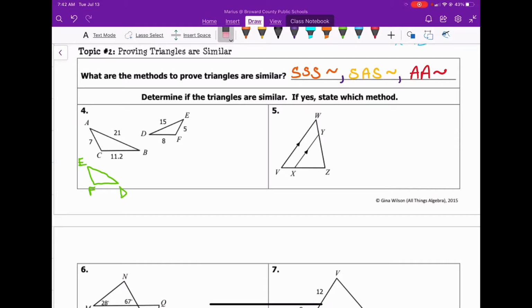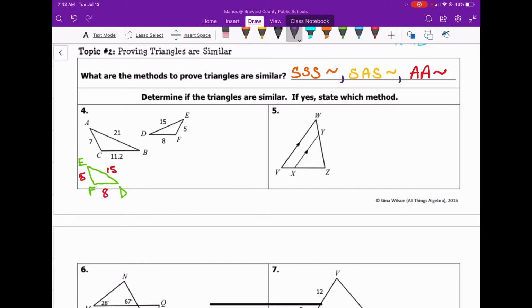And then D to F is 8. E to F is 5 and E to D is 15. Now we can do part by part.